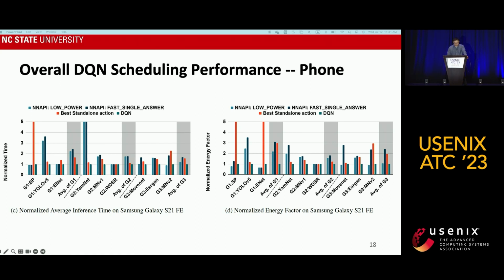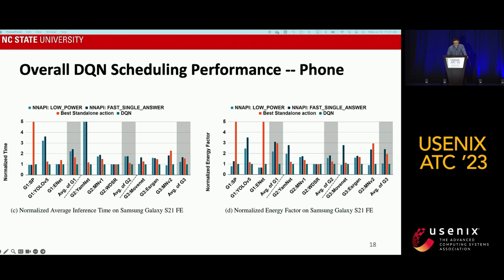We can see the best standalone method suffers huge performance degradation on group 1 for a single DNN. That is because it could not foresee the co-running situation during offline profiling. The NN API met a similar problem as well.